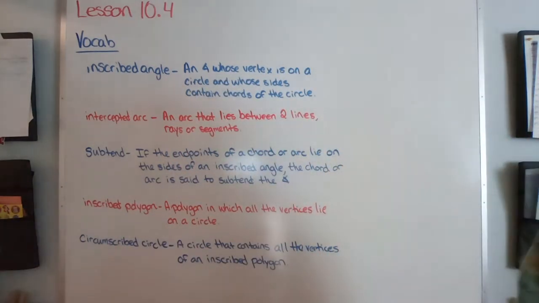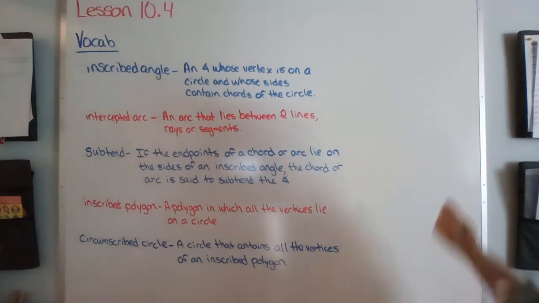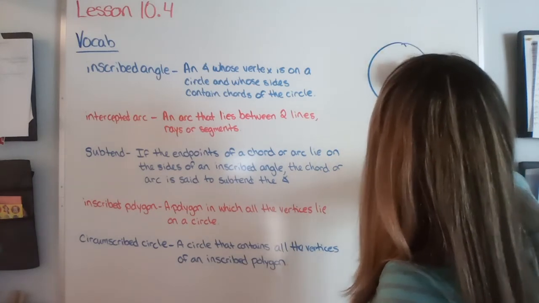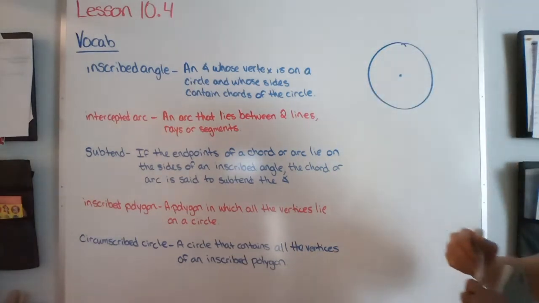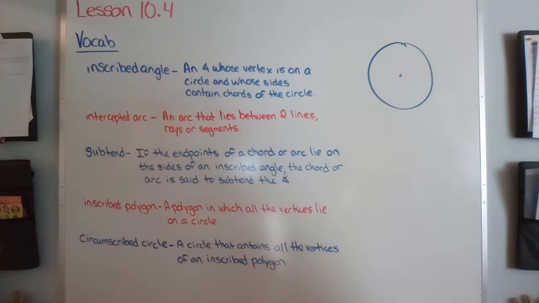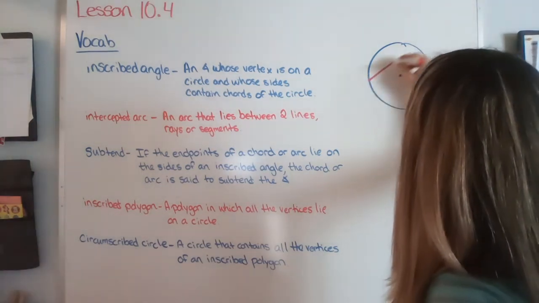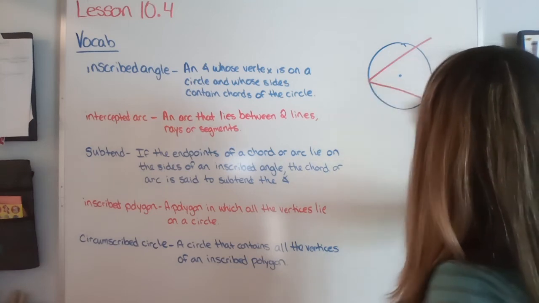So the first term is inscribed angle. An inscribed angle is an angle whose vertex is on the circle and whose sides contain a chord of the circle. So what would that look like? Well, here if I have a circle, and if I have an angle whose vertex is on the circle, an angle that might look something like this.